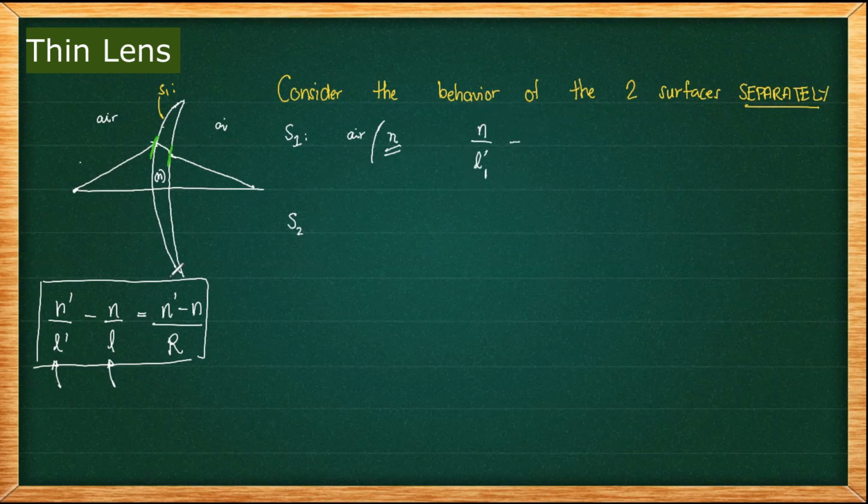And then minus, for the first medium, the index of refraction is 1 for air, and then we just have l here. The n prime again is just n, and 1 for n here, over R1. R1 is the radius of curvature for surface 1. So this here is our equation 1.